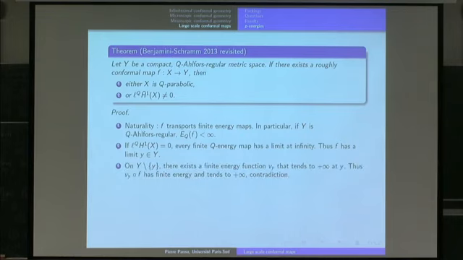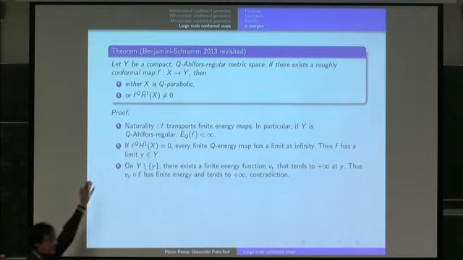And now I observe that the complement of a point in such an Ahlfors regular space is Q-parabolic, so that there exist functions which have a pole at one point or two points with finite energy, but nevertheless tend to infinity at that point. That's a slightly complicated construction in general, but it works.